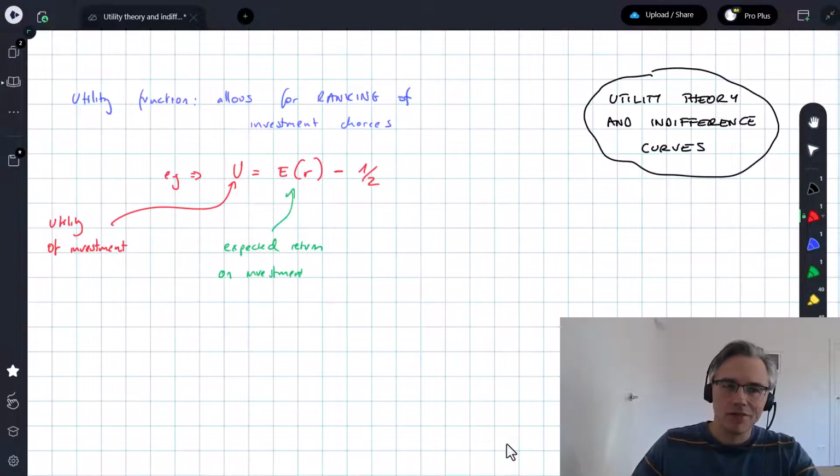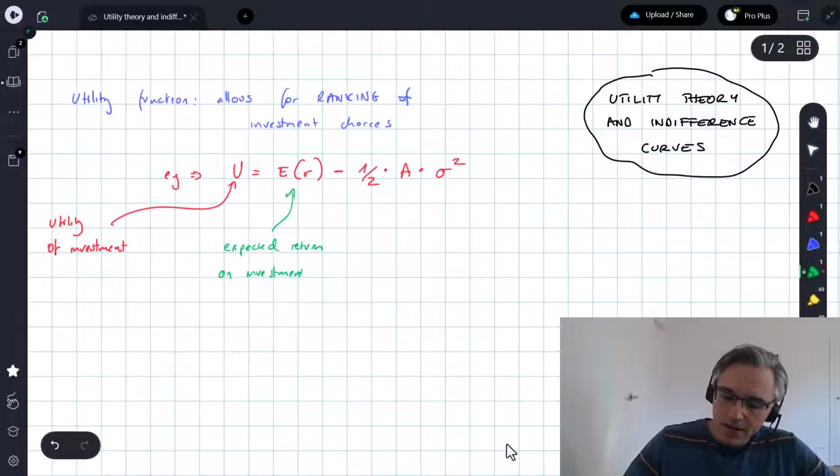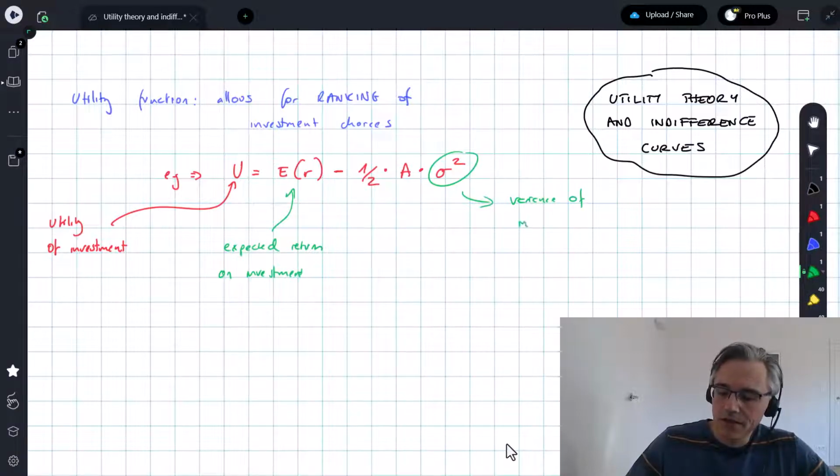There's no justification for it as such. Multiplied by something that they describe as A, and that's multiplied by measure of risk, standard deviation squared, which is, of course, the variance of that particular investment. And we'll be plugging numbers into this formula in just a moment.